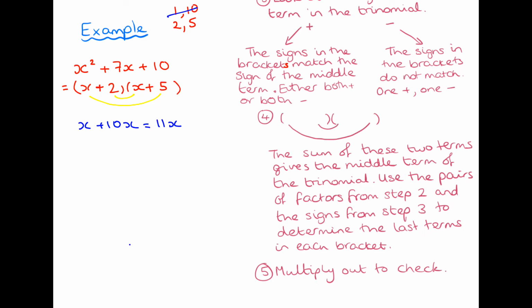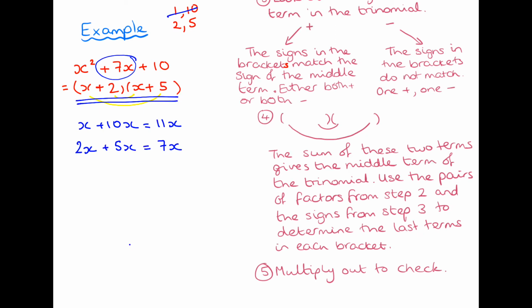So the inside there, 2 times x, that'll give us 2x. And then we've got x times 5 there, that gives us 5x. And 2x plus 5x is 7x. So that's what we wanted, because that's the middle term. So what we can say there is that this is the answer.